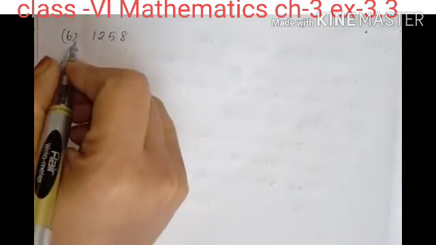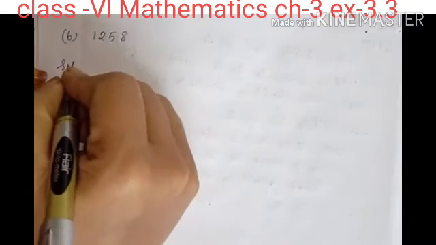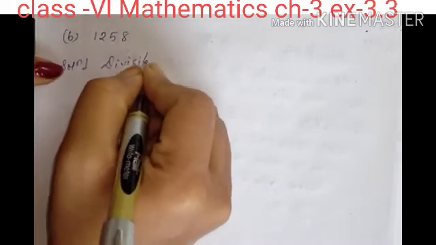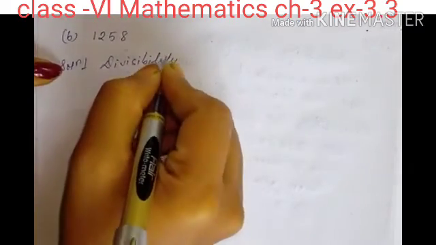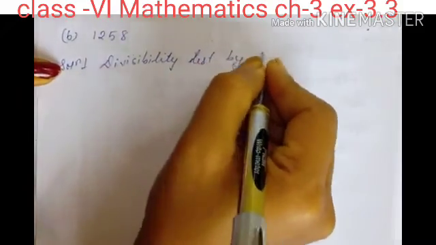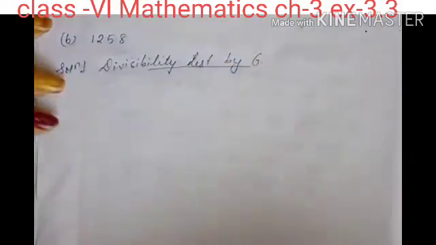Now the next question is 1258. In this question we have to see the divisibility by 6. Divisibility test by 6. Now what we have to check? Whether this number is divisible by 2 or not.